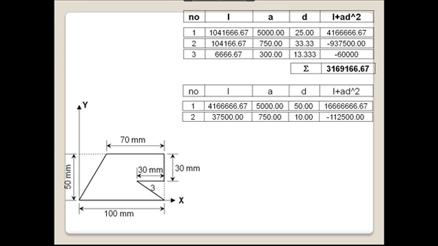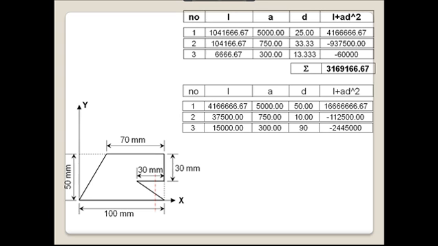Exactly similar operations you do for area number 3, wherein I is 1 by 12 into 20 into 30 cube, area is 300, and the distance of this red line from the y-axis, which is at the left, is 100 minus 10, that is 90.